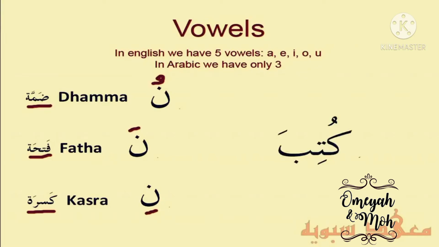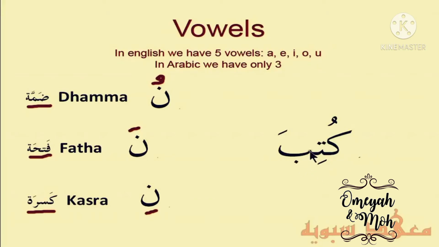So let's try to pronounce this word. We have this is a kaf, so it has a k sound, and on top of it is a dhamma, so there's an u sound. So that would be ku. Then we have the ta with a kasra, so that would be ti. So ku, ti.